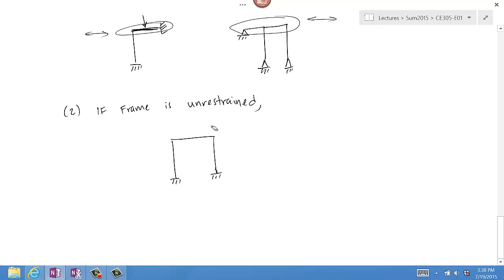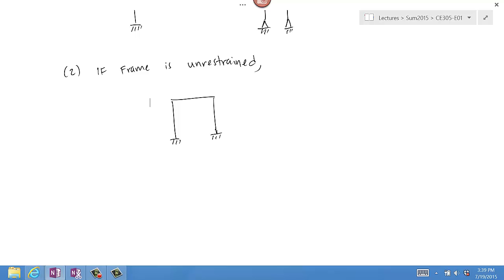You see that at the beam level, the frame is allowed to move left or right. For example, if I apply a horizontal force here, the entire frame will translate to the right at the beam level. So this would be a sway frame. But what would make this a non-sway frame? That's a good question.